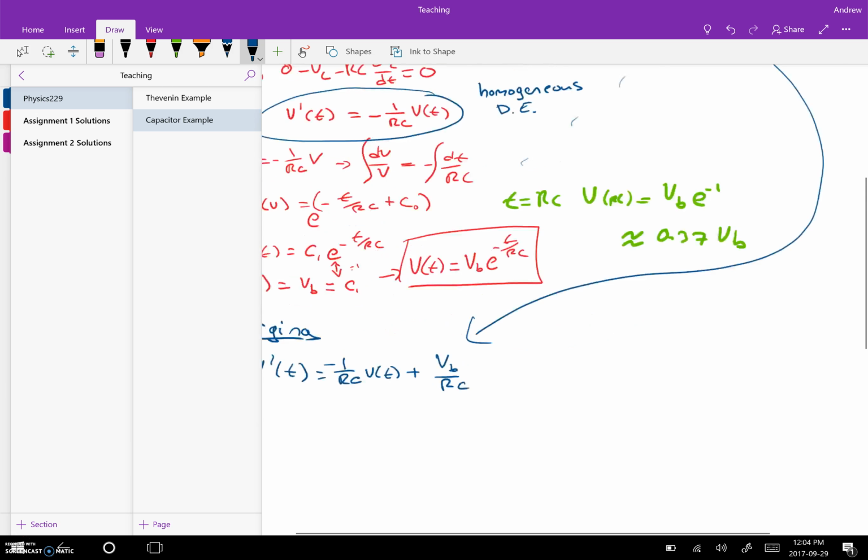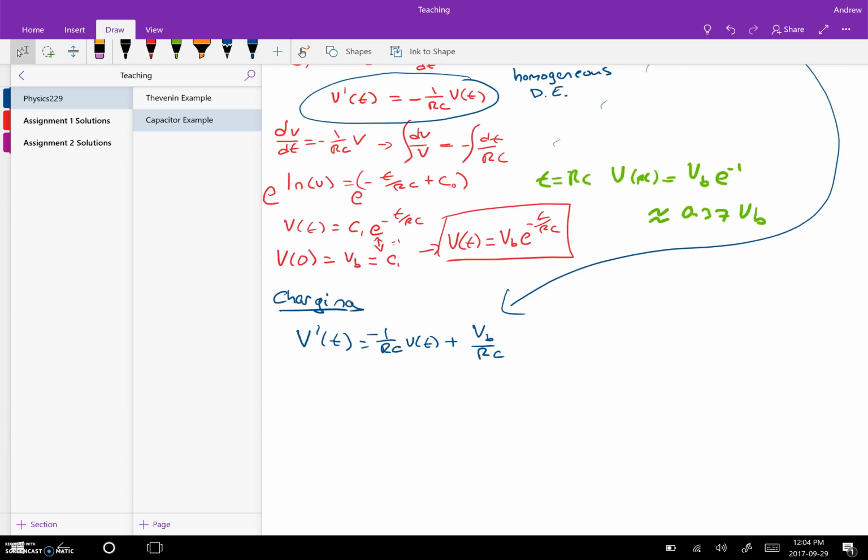But there's a very easy trick to solving this. There is a nice theorem in differential equations which says that if we have an inhomogeneous differential equation, and we can guess a particular solution to that inhomogeneous differential equation, and we guess right, then that's it, because solutions are unique.